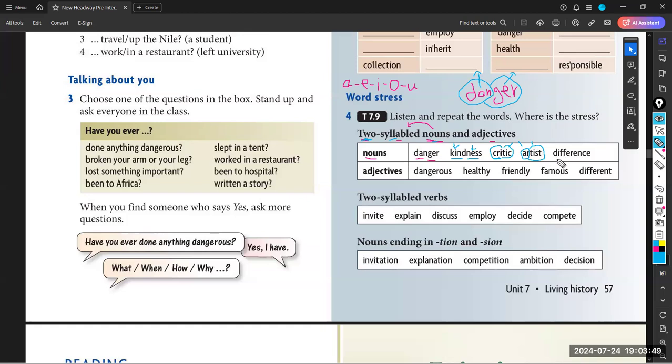Okay. So we have difference. Notice that difference has two syllables. Absolutely, every syllable has at least one vowel. You say we have more than two syllables. Yes. Can you please show me the syllables that we have?